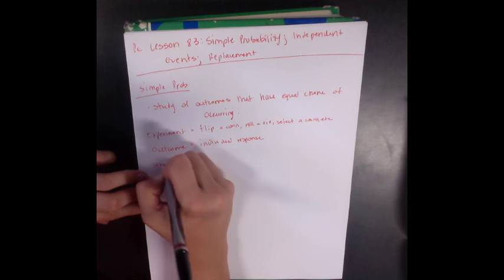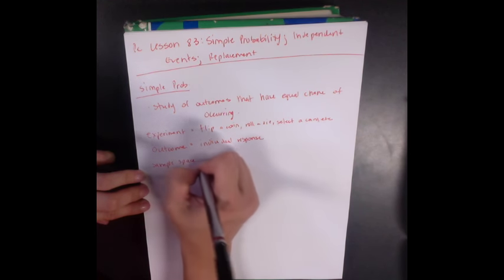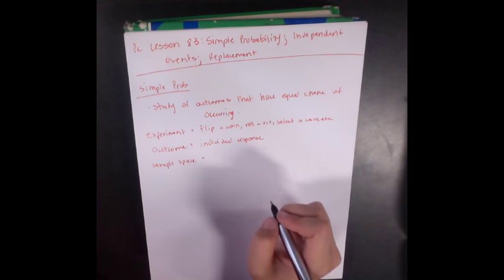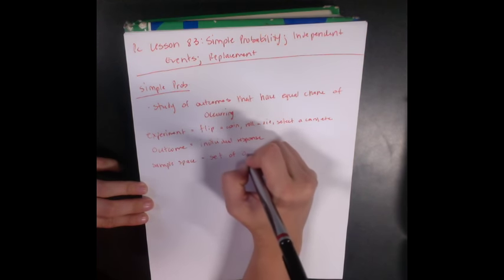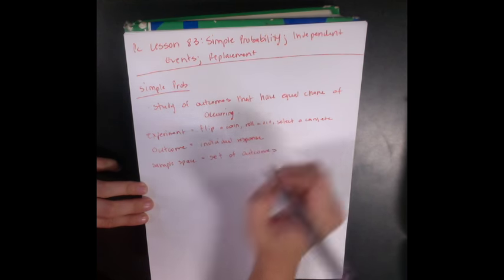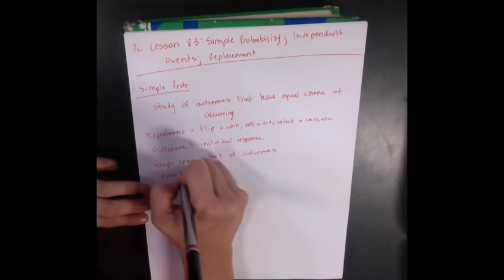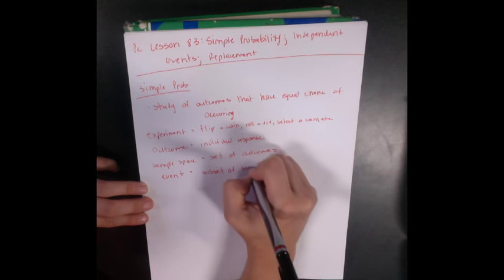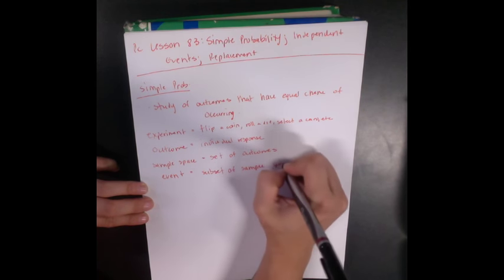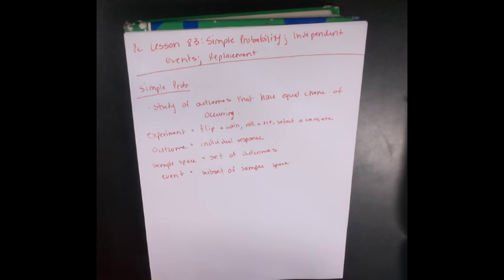Our sample space is the set of outcomes. And our event is a subset of our sample space. It's a lot of terminology, but we will be using all of those different terms in a little bit.